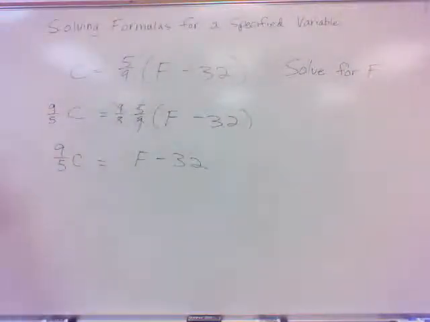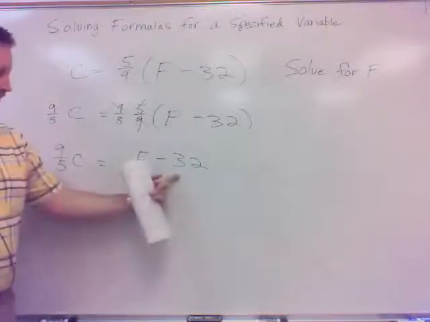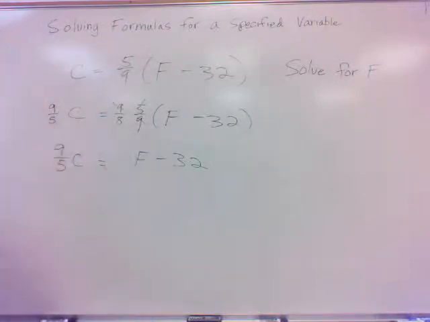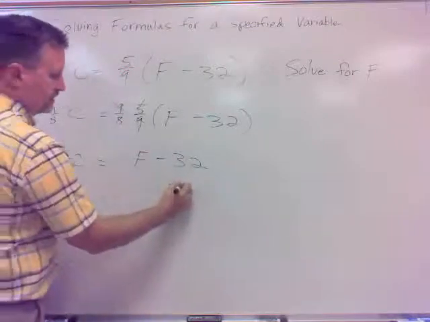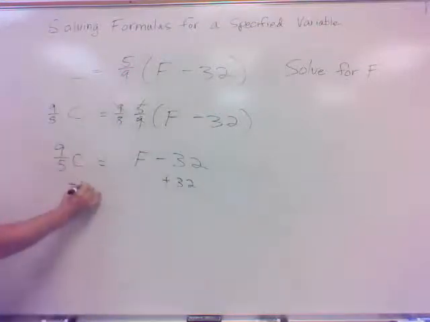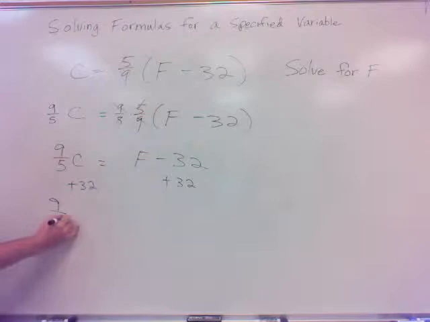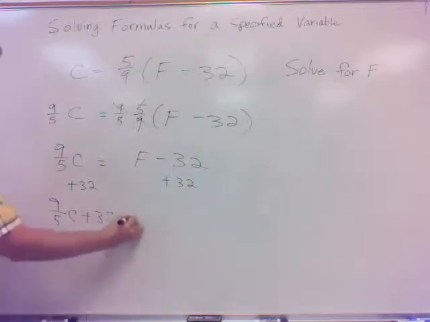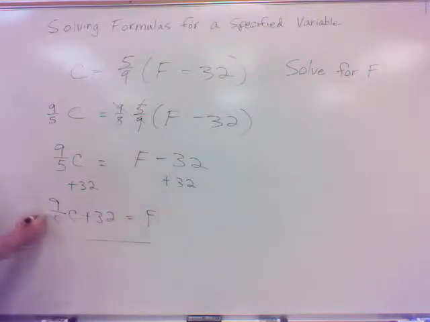We're rearranging it. It's solved for C. I'm going to solve it for F. If I do that reciprocal thing, then all I have to do is move that 32, which is going to be done by adding 32 to both sides. There you go. Got my F on a side to itself.